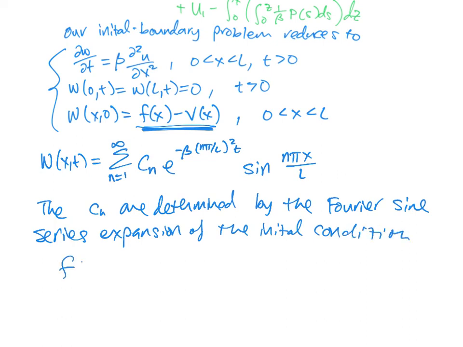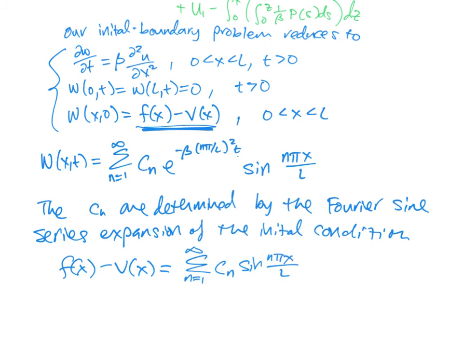where f(x) - v(x), we need to write this as the sum from n equals 1 to infinity of Cn sine(n pi x over L), because that's what you are left with if you plug in t equals 0 up there.